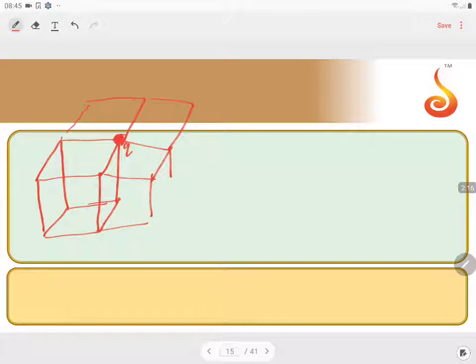Then what is the total flux over the entire bigger cube? The flux over the bigger cube will be q by epsilon naught. Why? Because inside that bigger cube we have only the charge. Now, due to symmetry, what will be the flux through one cube? The flux through one cube will be q by 8 epsilon naught.